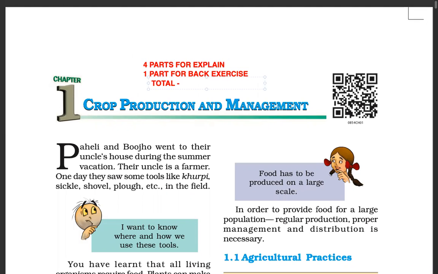Okay, so in total there will be 5 parts. As you all know, 4 parts are for explanation, and 1 is for back exercise.